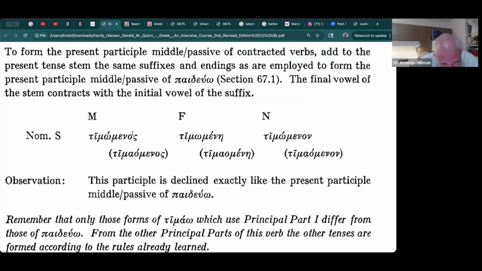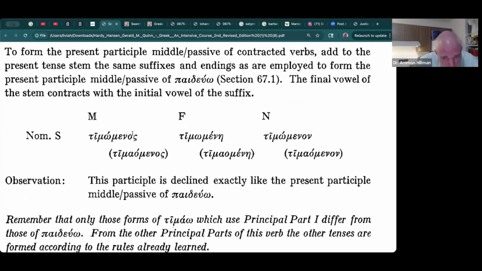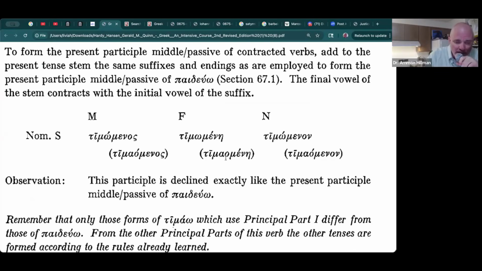See, it's got the accent over the omega, and then timomene, look, it shifts its accent somehow. What can we conclude? The accent's getting pulled to the end of the word. There's something heavy at the end of the word that's pulling it, and that's the eta.